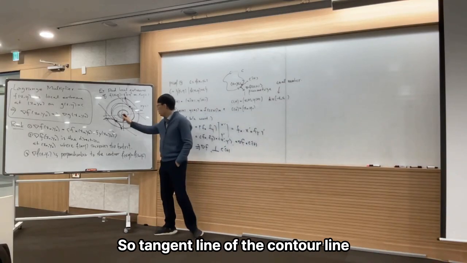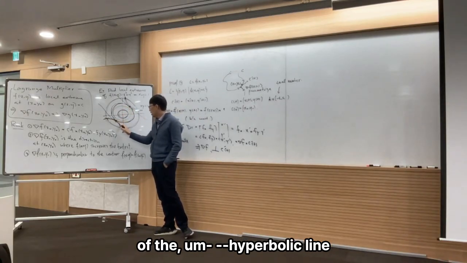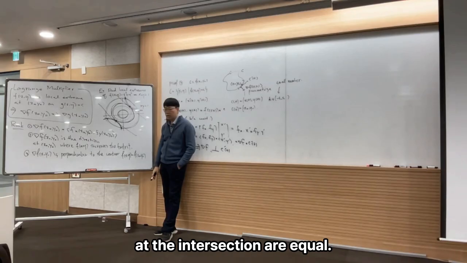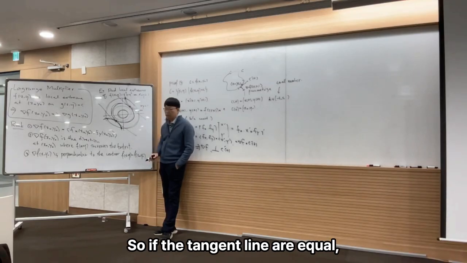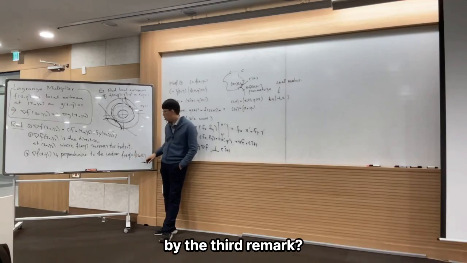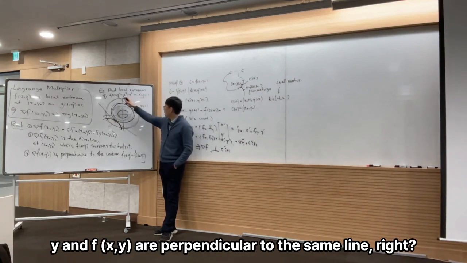So the tangent line of the contour line of function f and the tangent line of the constraint curve at the intersection are equal. If the tangent lines are equal, what can you say about the gradient vectors by the third remark? Because the tangent lines are equal, the gradients of g(x,y) and f(x,y) are perpendicular to the same line, right?